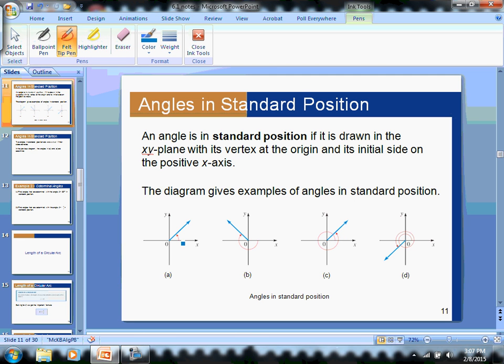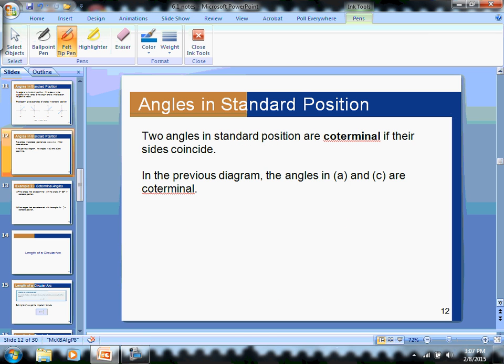So part A has probably only gone maybe 45 degrees, but part C has gone 360 degrees and then another 45. So these two angles are actually coterminal, and we've talked about that in the previous chapter as well. Any angle measures, even if it's radians or degrees, that end in the same location, and they're drawn on the same spot, then they are considered to be coterminal.